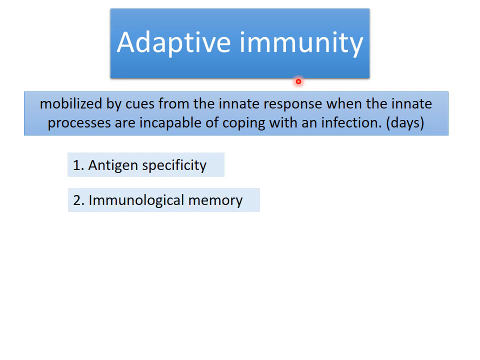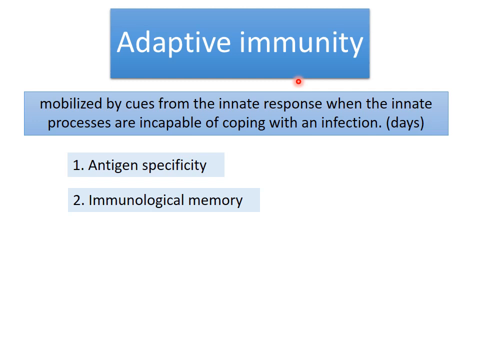Second, it responds to a previously encountered antigen in a learned way by initiating a memory response. Means it responds to a previous infection by immunological memory, by the memory cells. So whenever a patient is exposed to a foreign body or pathogens, the first response is the innate response.